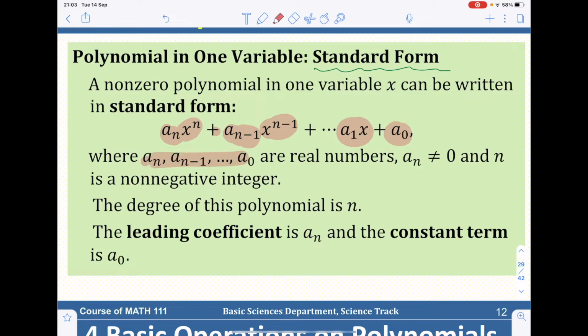The a's here are real numbers, okay, and a_n does not equal 0, and n is a non-negative integer. The degree of this polynomial is n because it is the highest degree, and the leading coefficient is a_n. What does it mean, leading coefficient? It is the coefficient of the variable that has the highest degree.